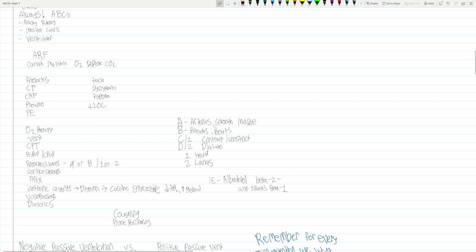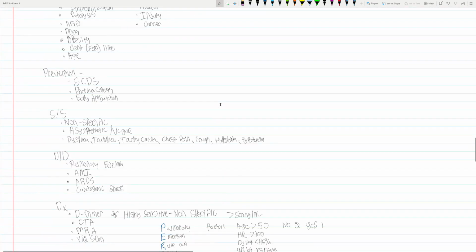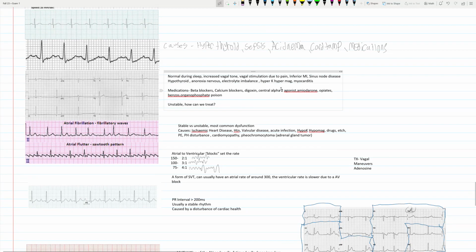Alpha, artery smooth muscle, 2, dilate. Okay, so let's just keep that in mind. Opioids, benzos, and organophosphate poisoning. So these are all things that can affect and drive the heart rate down.